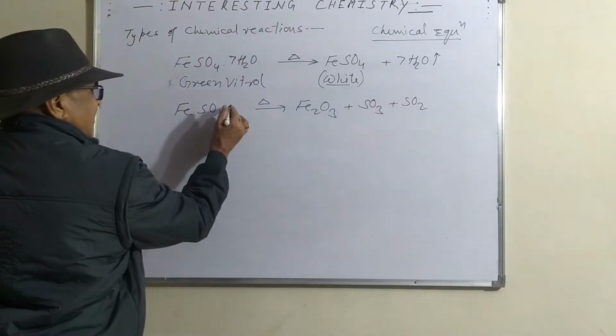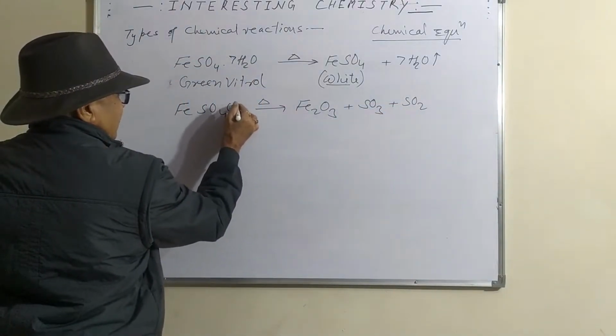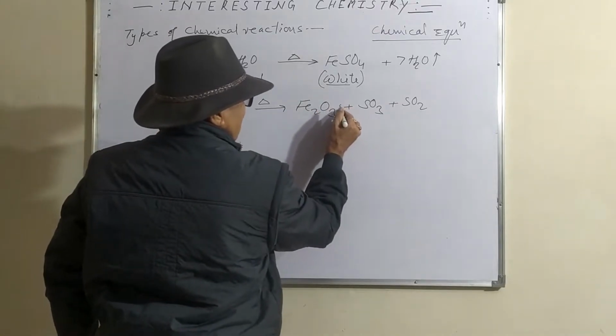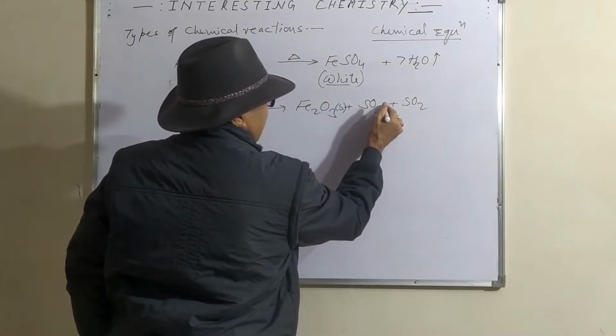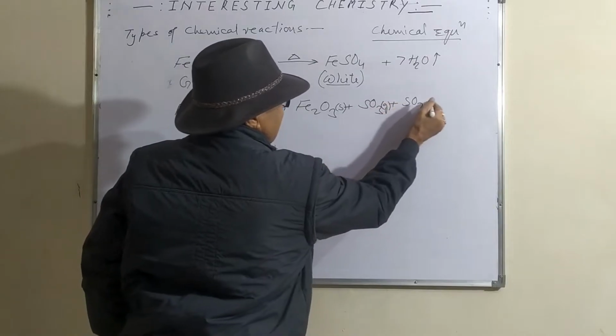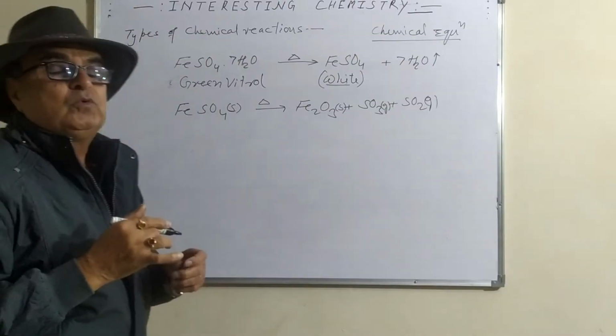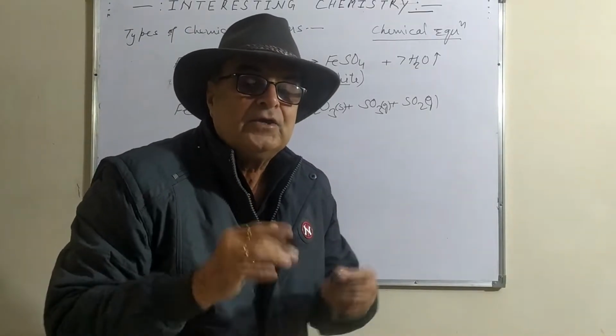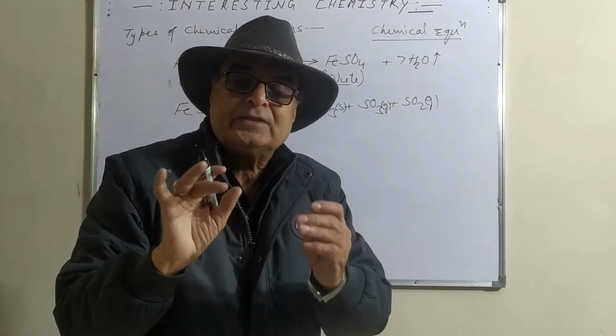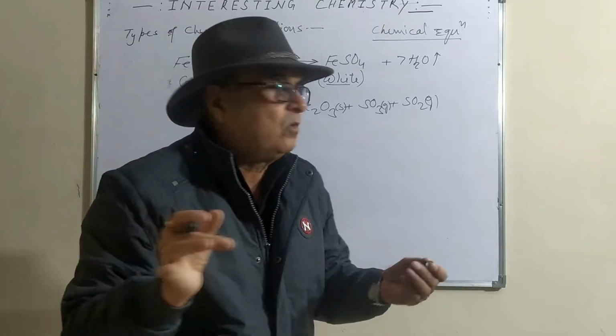You can write here, it is in the form of solid, and this one is gas, and this one is gas. Now, what will you do next? You must check whether it is balanced or not.